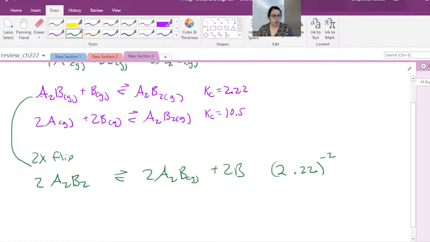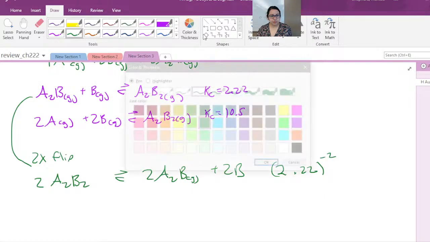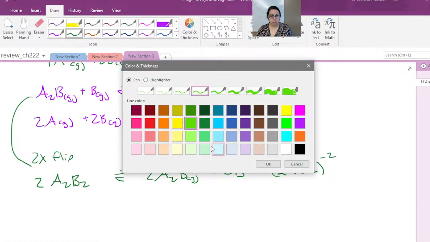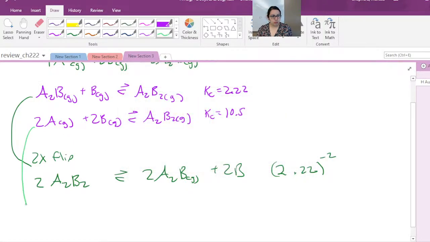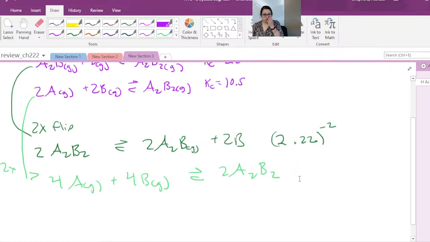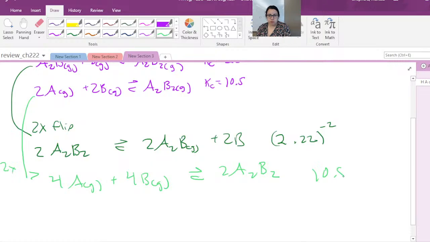And now doing the second one, you said times 2 again, so 4A plus 4B gives us 2A2B2. And so that means that's 10.5 squared.